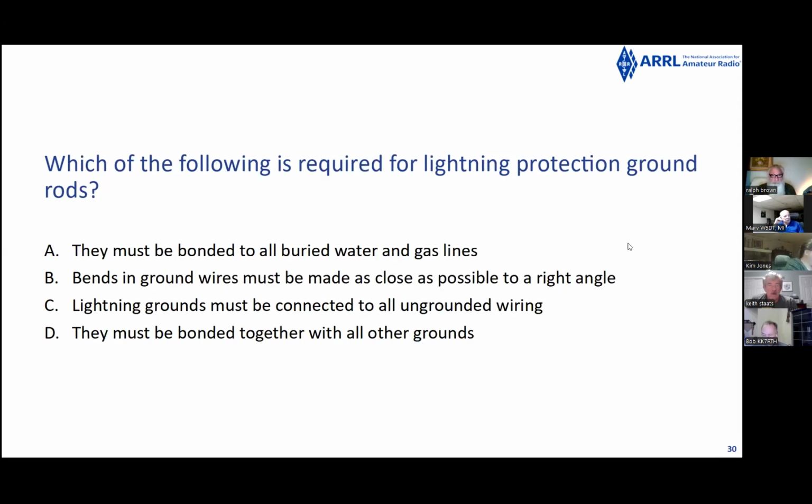Which of the following is required for lightning protection ground rods? They must be bonded to all buried water and gas lines. Bends in ground wires must be made as close as possible to a right angle. Lightning grounds must be connected to all ungrounded wiring. They must be bonded together with all other grounds.